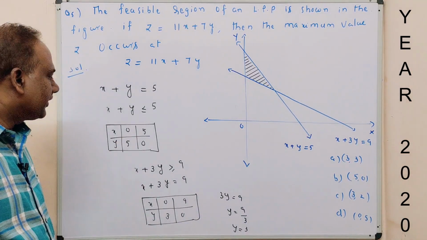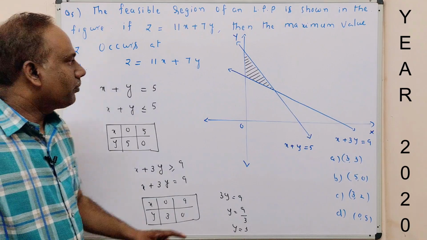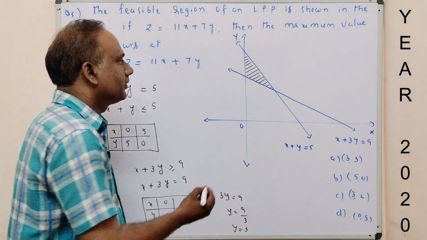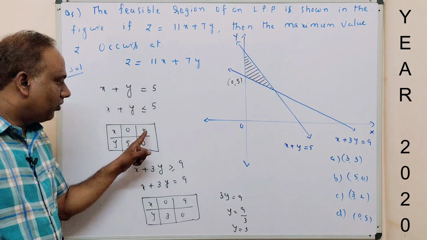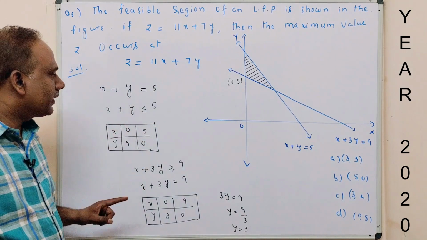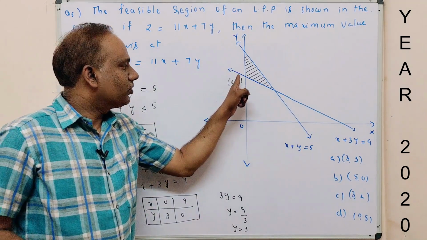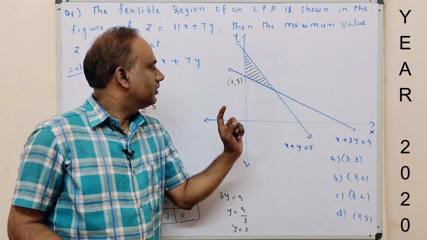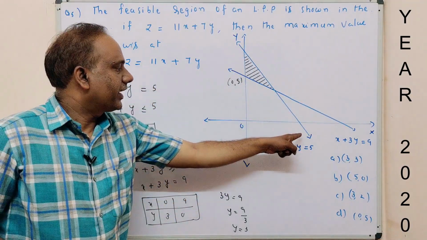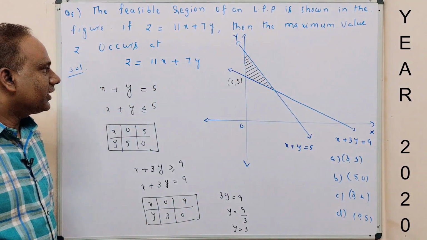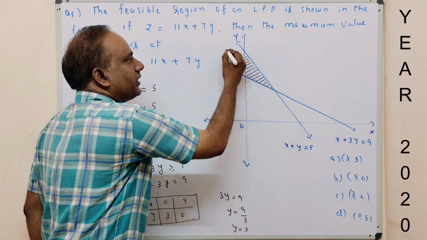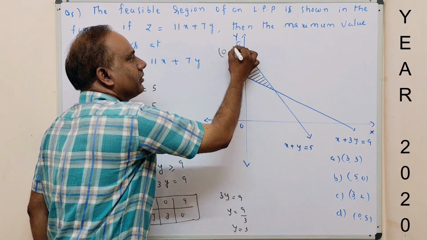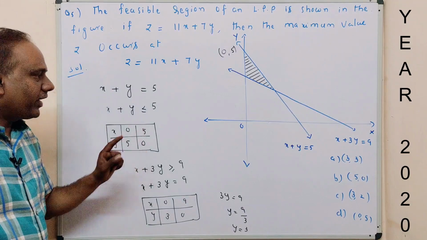So first of all, (0, 5). (0, 5) means this point. And (5, 0), this is for x plus y less than or equal to 5. So for this equation, the points are (0, 5) and the second point is (5, 0).